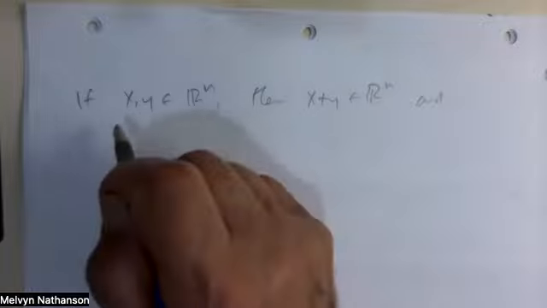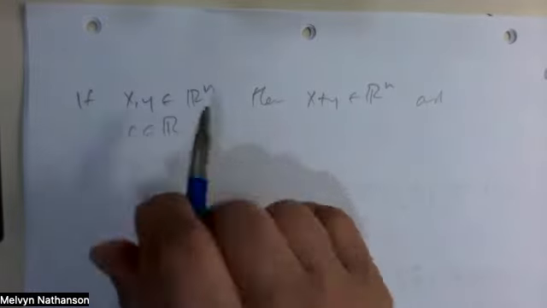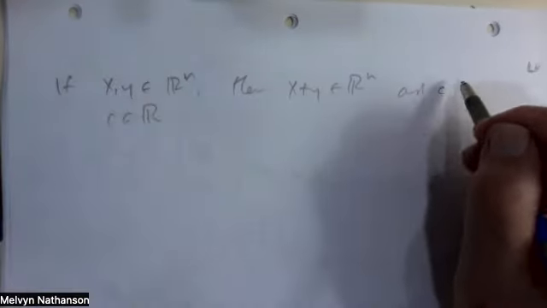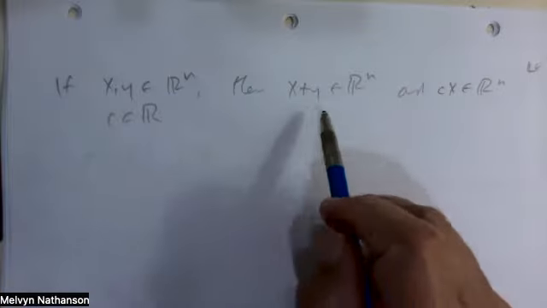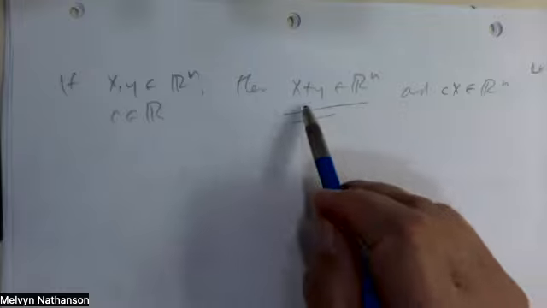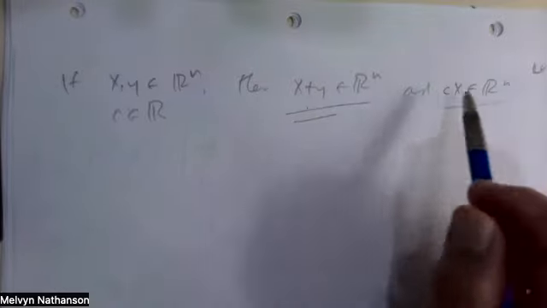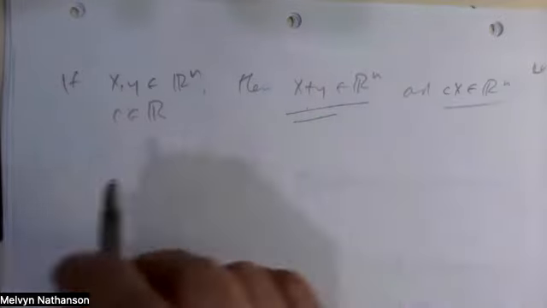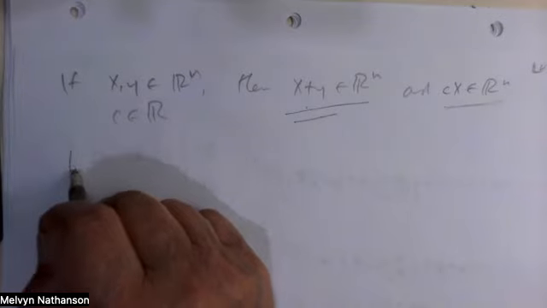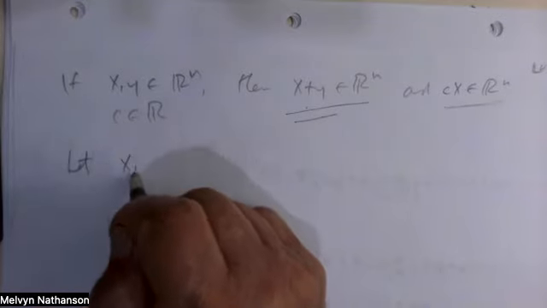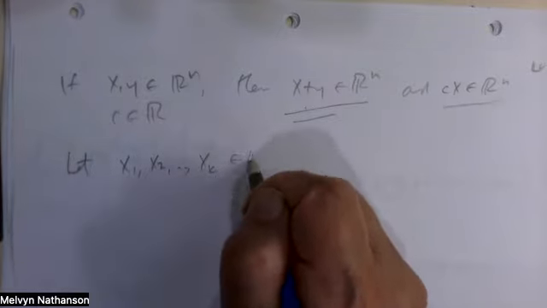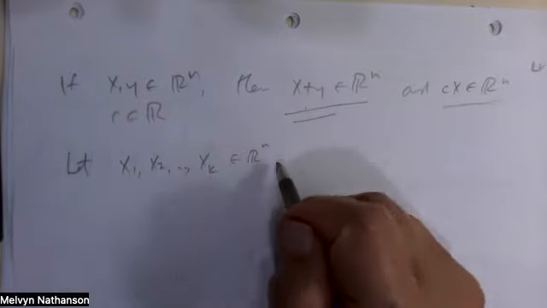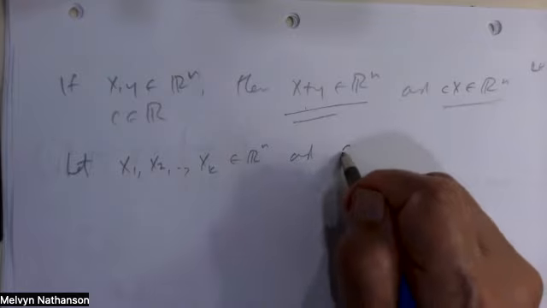And if c is a scalar, a real number, c times x is in Rn, right? So in Rn, we have vector addition, a binary operation, and scalar multiplication. So suppose I take k vectors in Rn and k scalars.